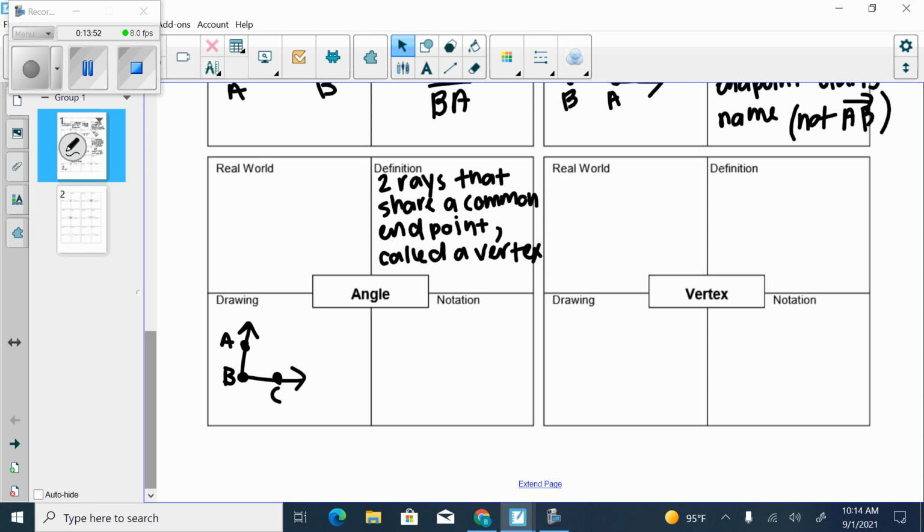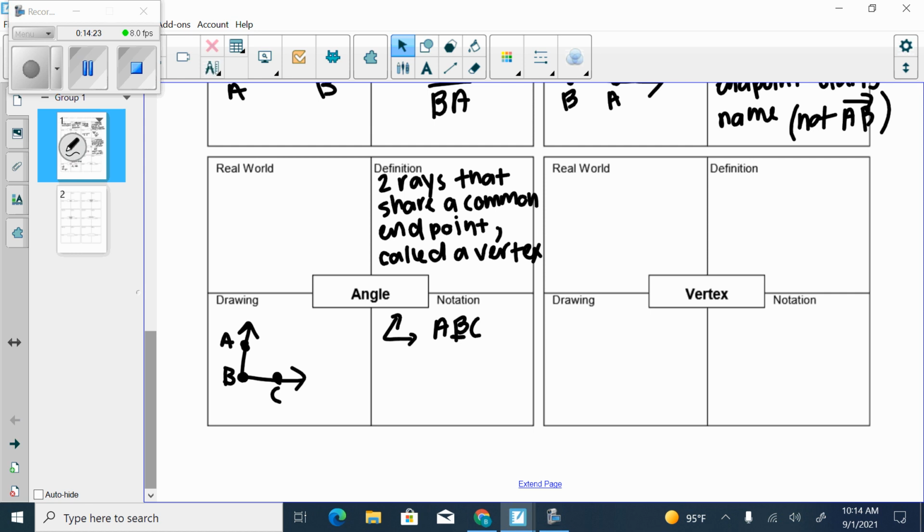But if I was going to give this a name, I would draw the angle and say that I'm looking at angle ABC. You would want to put the vertex as the middle letter. Which means I also could name it backwards, right? I could name it CBA, right?